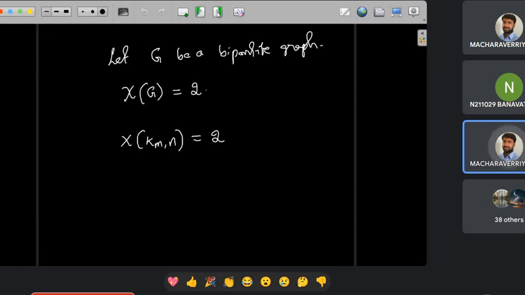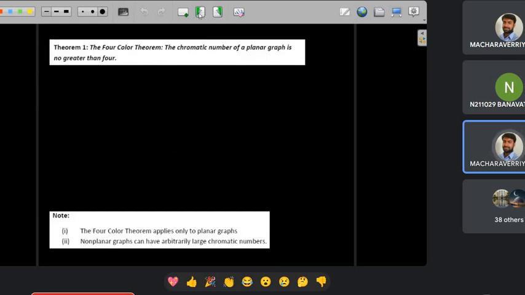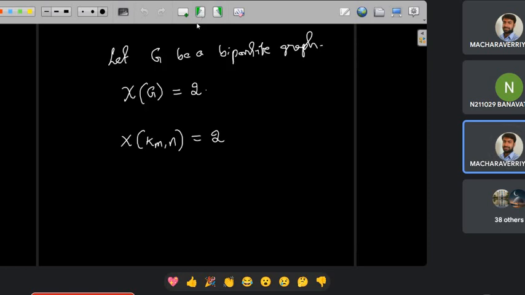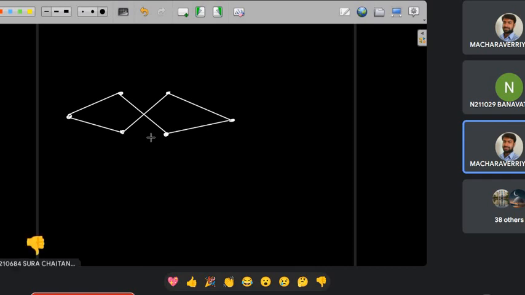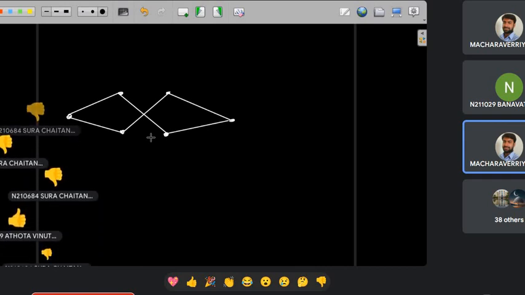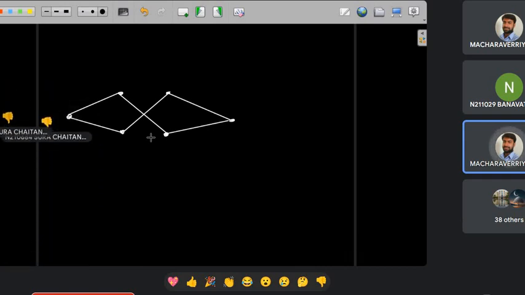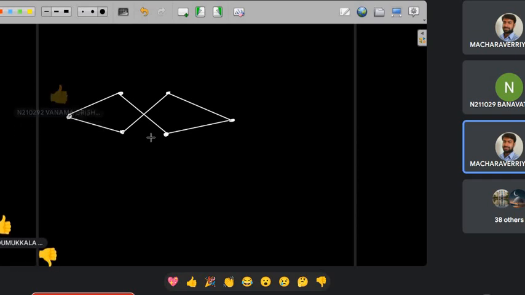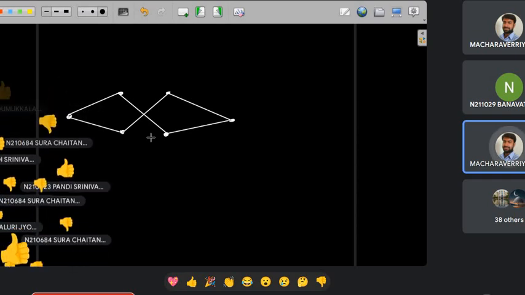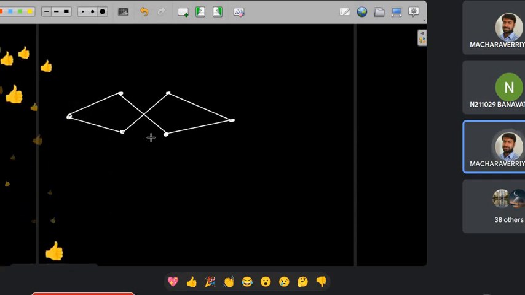So maybe we can look at one problem, one planar graph. So let me take a planar graph here. Is this a planar graph? Some are saying yes and some are saying no. And those who are saying no, think again.